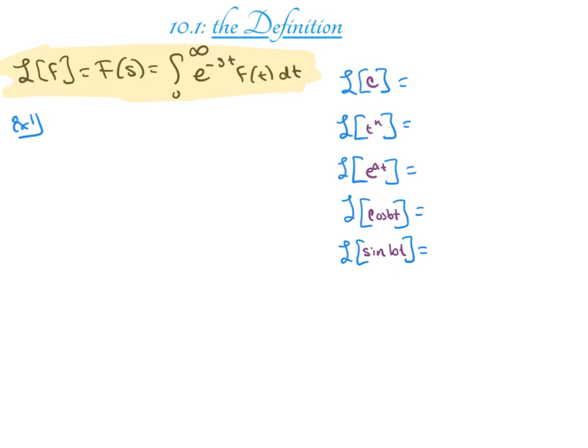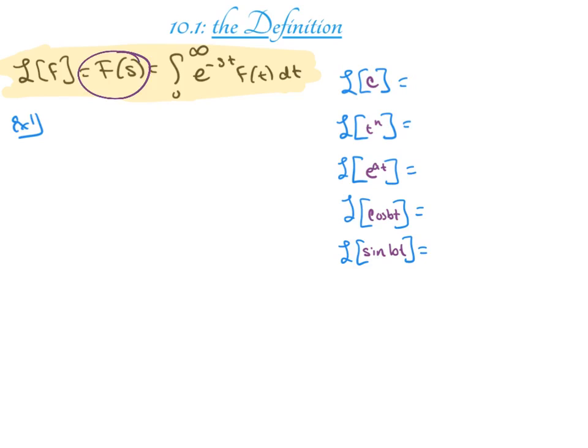We're going to start with just taking the Laplace of a constant, then the Laplace of t to the n, then e to the at, then cosine of bt and sine of bt. And I want to point out in the definition, the Laplace of little f is equal to capital F of s. This capital F of s is going to be our algebraic formula in terms of s.